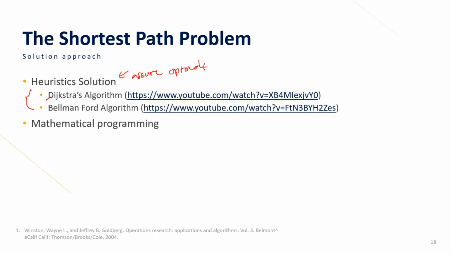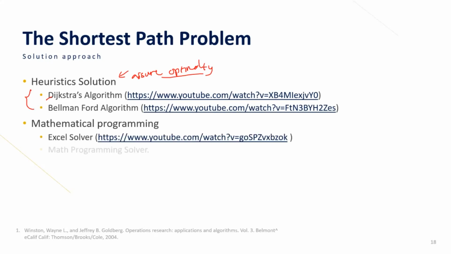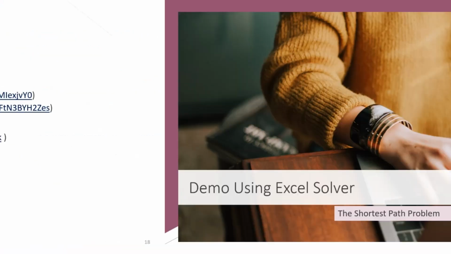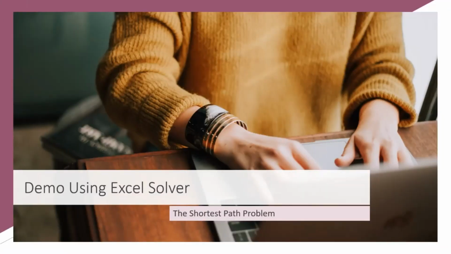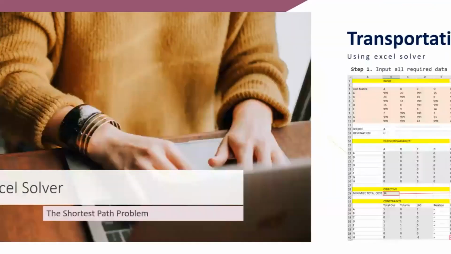That's why it's more interesting, because it's fast and can assure optimality. So why should you use a mathematical model for this one? That's why when you discuss shortest path problems, mostly people will suggest you use a heuristic algorithm instead of mathematical formulation. But we can still use mathematical formulation to solve those problems, and that is the one I will show you in today's lecture.